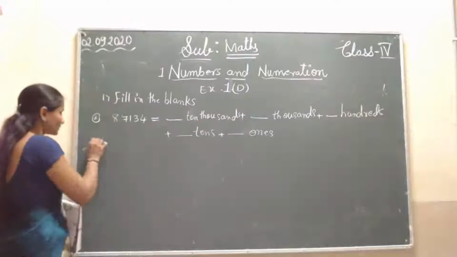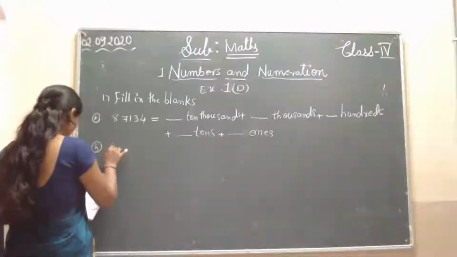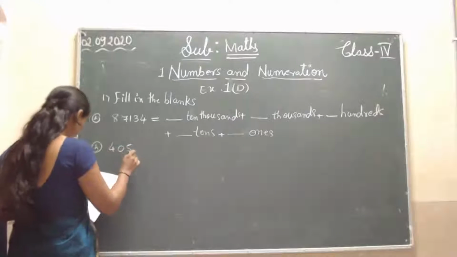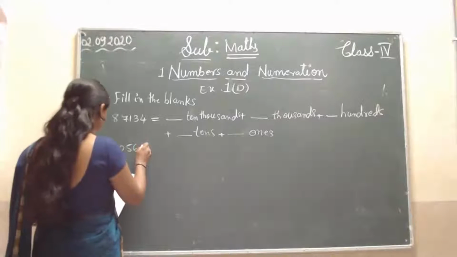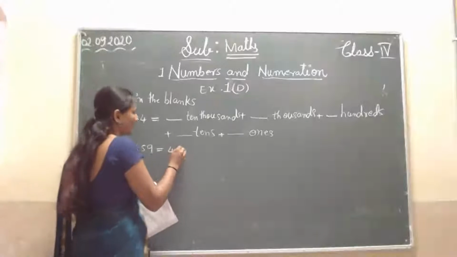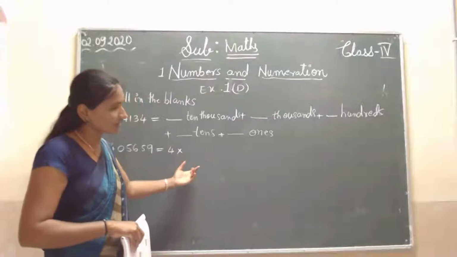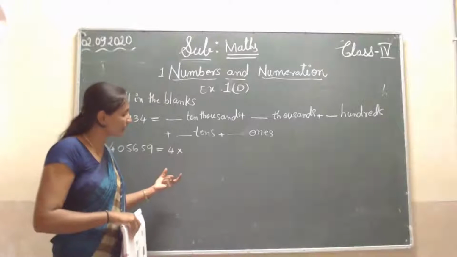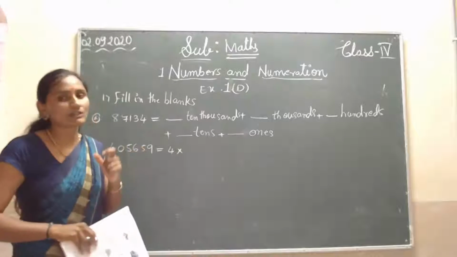Okay. Next is B1. What is the B1 question? 4 lakh 5,659. Okay, students. Here, as I told you just 2 minutes before, this expanded notation uses 3 steps.